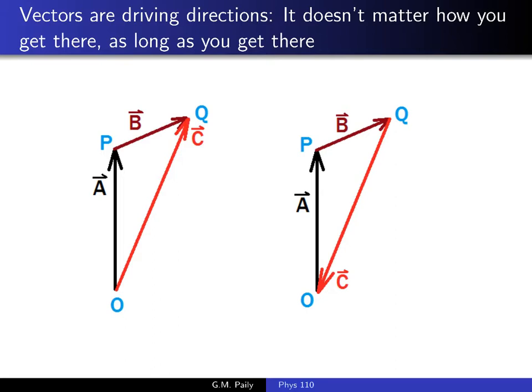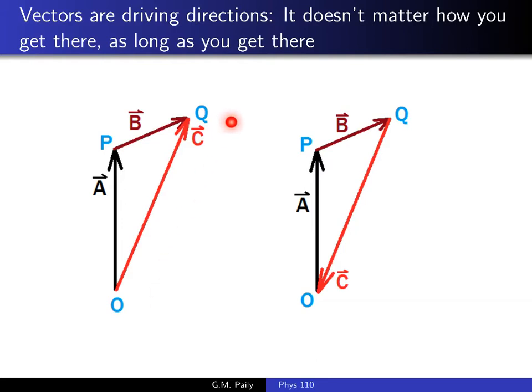So notice that A goes from point O to point P. B goes from point P to point Q. If we do A plus B, the net effect is going from O to Q. True, we go through P, but that doesn't really matter. All that matters is that we start at O and we end at Q. In which of these two cases does the vector C have the same effect?